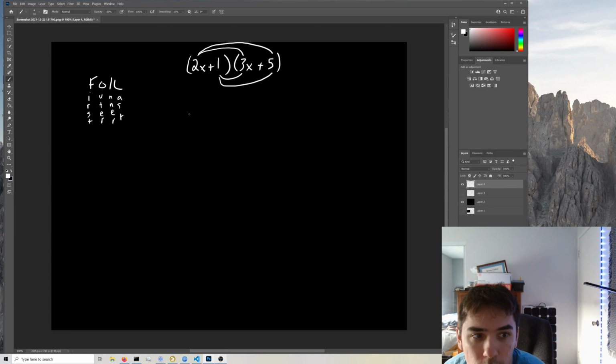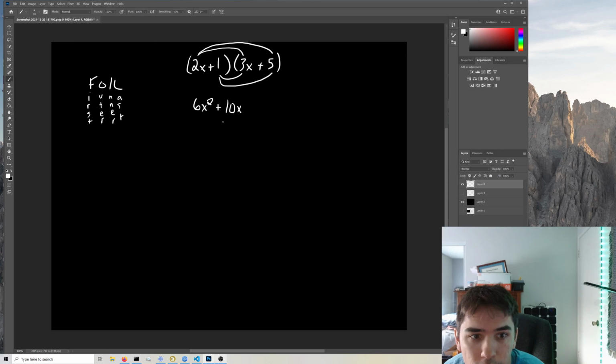So if you're doing FOIL, you get 6x squared from multiplying 2x and 3x. That's the first. And then you're going to do outer, which is 2x times 5, 10x.